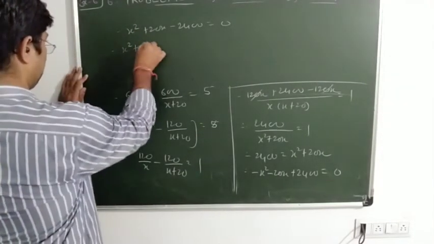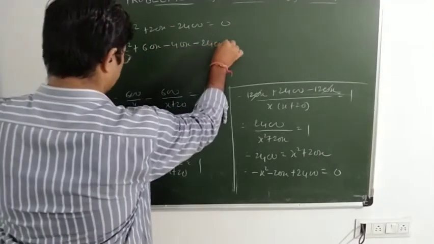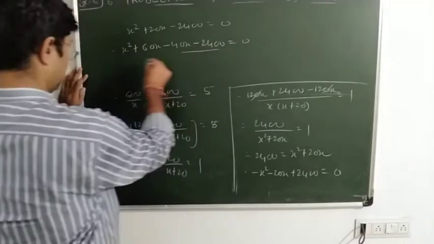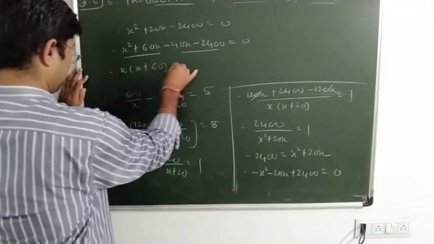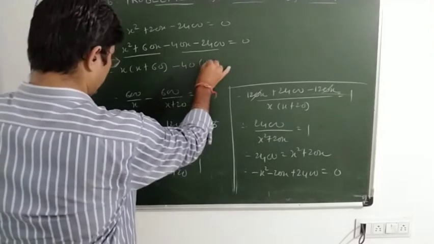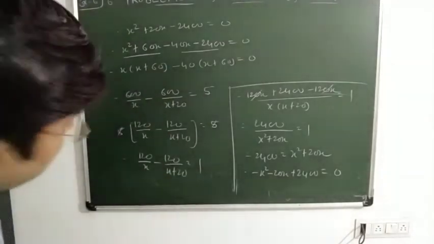Therefore, x square plus 60x minus 40x minus 2400 equals 0. Therefore, x common, x plus 60 minus 40 common, x plus 60 equal to 0.